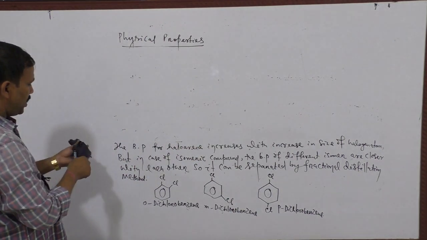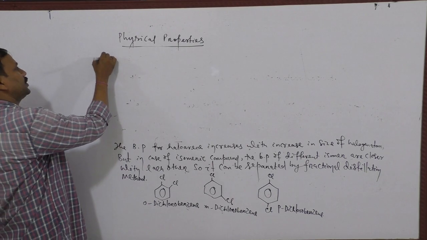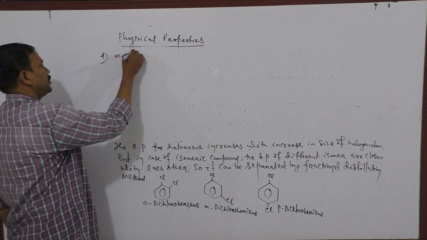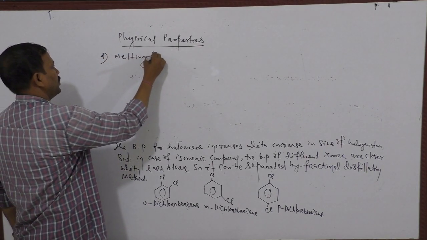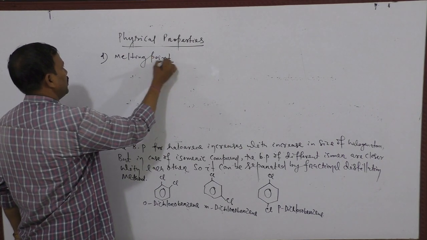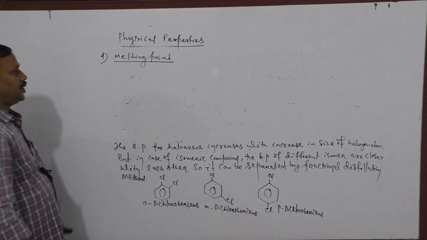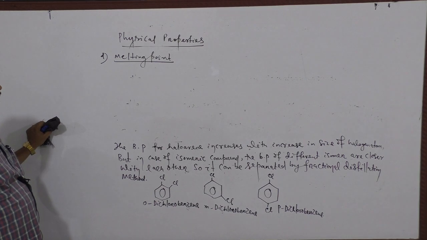Fourth property is melting point. Melting point also increases with increase in size of halogen.